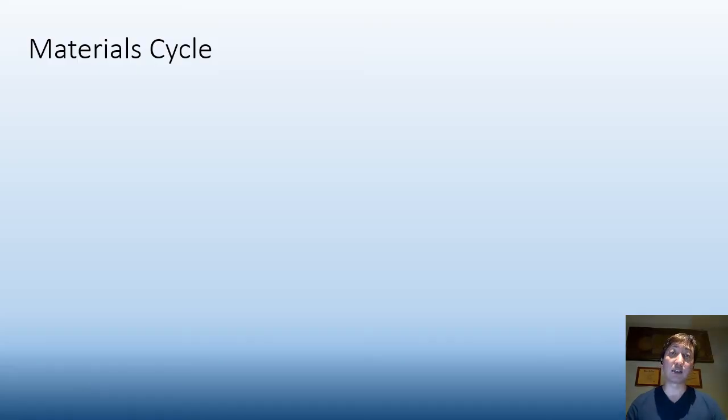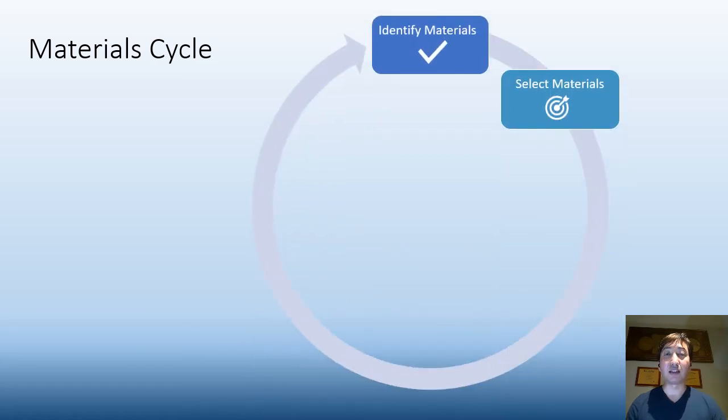These two processes, collection development and processing, can also be described through a cycle of materials in the library. This cycle starts with identifying what the library might need. Once we identify materials needed, libraries can then select the specific materials that they want to buy. Once approved, these materials are acquired and purchased.